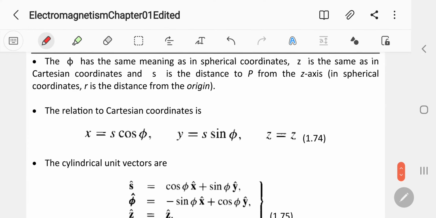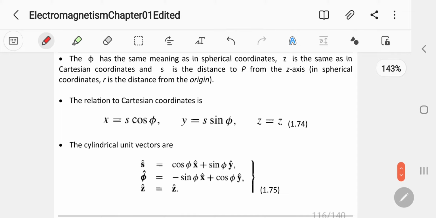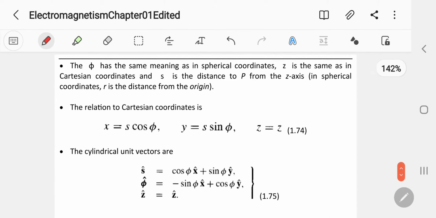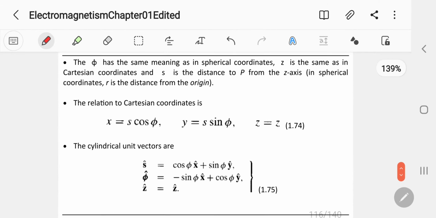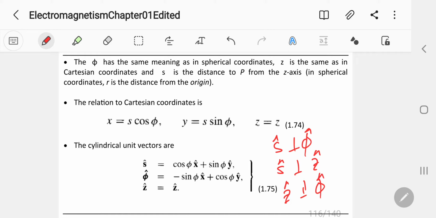If you check out the figure, S hat should be perpendicular to phi hat, S hat is also perpendicular to Z hat, and your Z hat should be perpendicular to your phi hat.